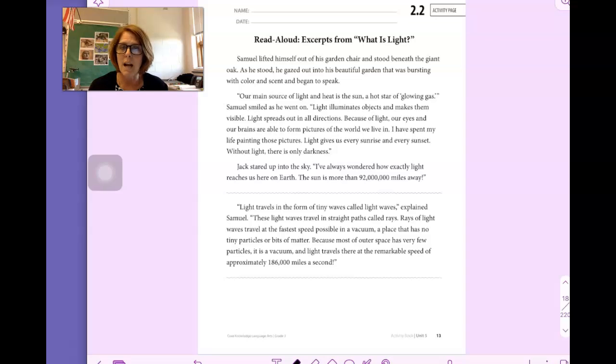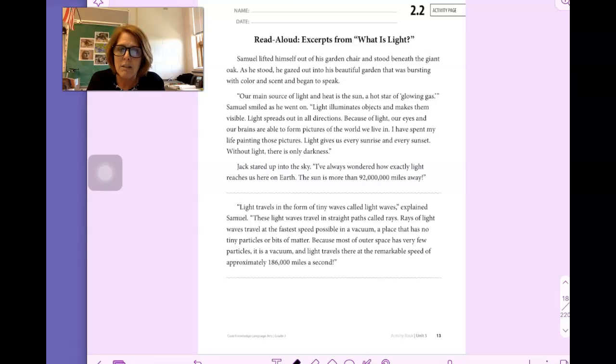Jack stared up into the sky. I've always wondered how exactly light reaches us here on Earth. The sun is more than 92 million miles away. Light travels in the form of tiny waves called light waves, explained Samuel. These light waves travel in straight paths called rays.